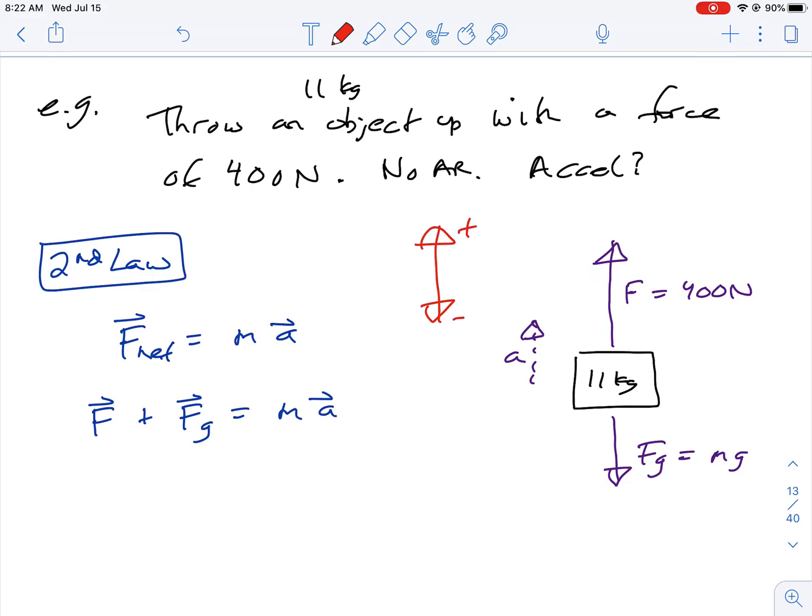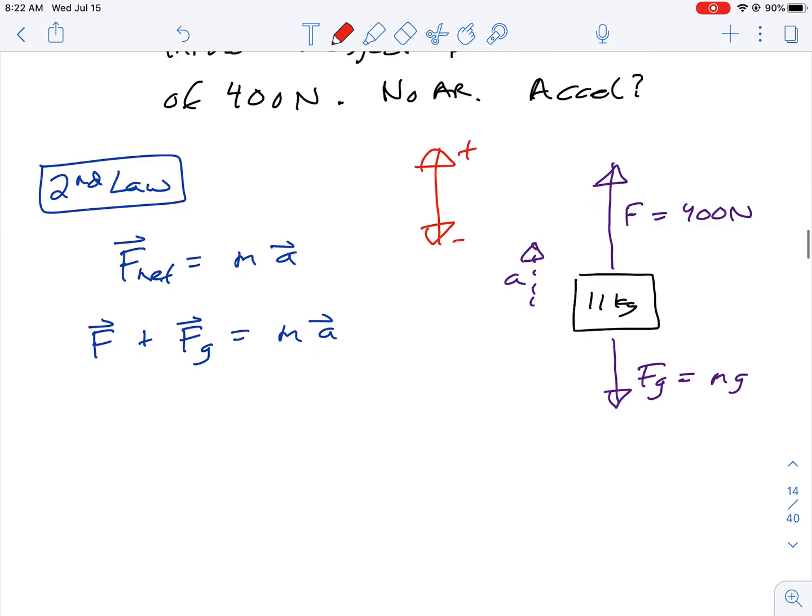But what I want to show you now, and no need to write this part down, is this notation. When you actually show a vector like this, you have to realize that the arrow, logically, represents the direction, and the letter represents the magnitude, or how big it is. And so together they form a complete vector quantity, both magnitude and direction.